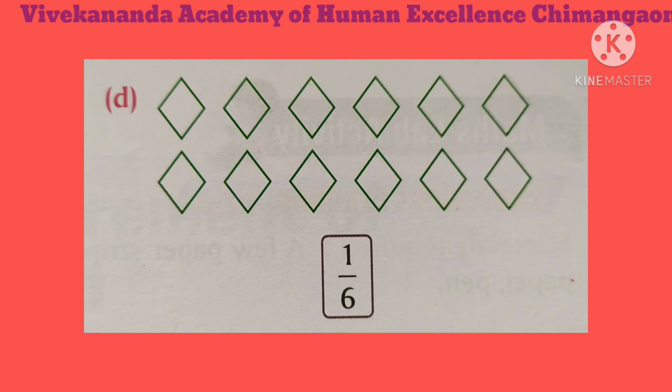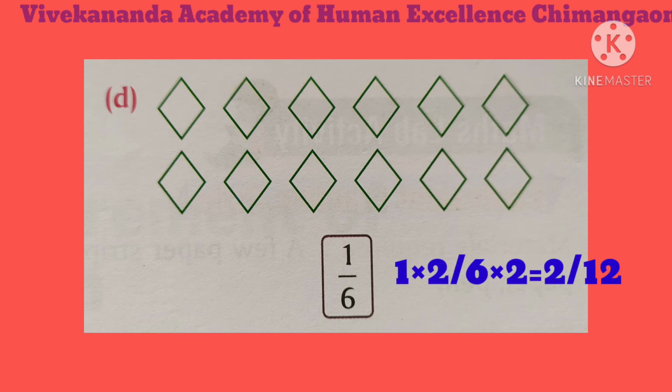Next, figure D. So here also the fraction given is 1 upon 6. So in this question, we will find the equivalent fraction of 1 upon 6. So we multiply 1 upon 6 by 2. By multiplying 1 by 2, we get 2 ones are 2, the numerator. And by multiplying 6 by 2, we get 6 twos are 12, the denominator.